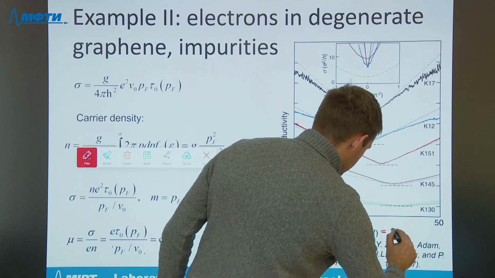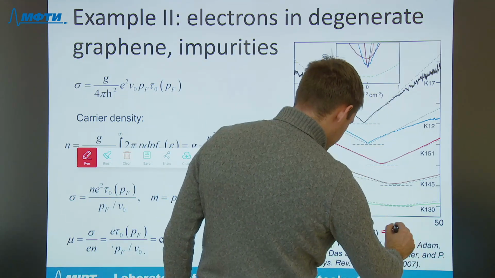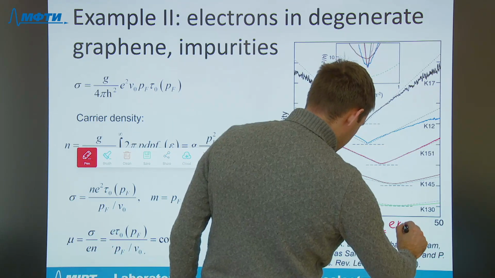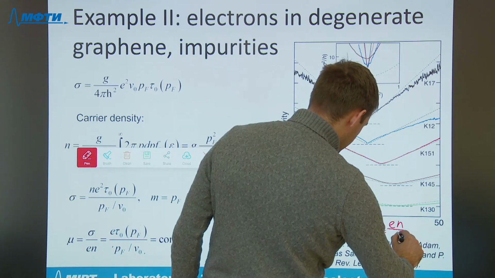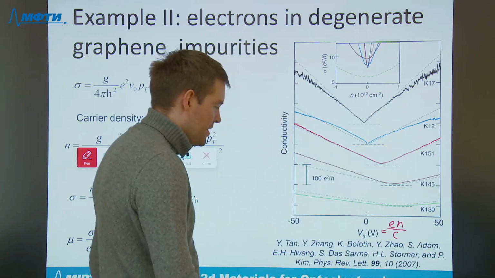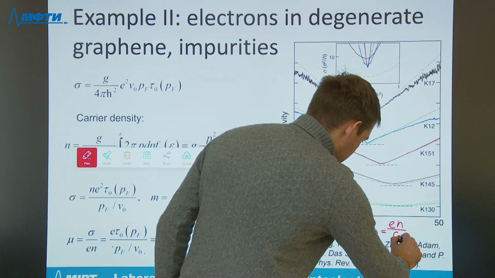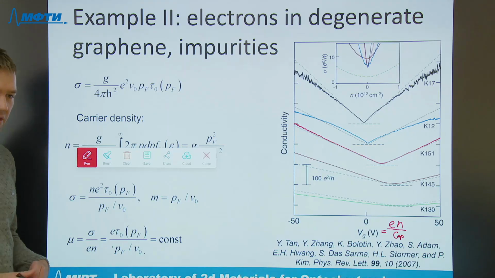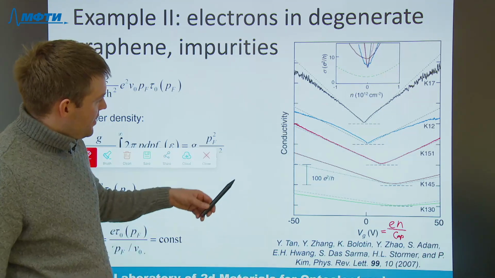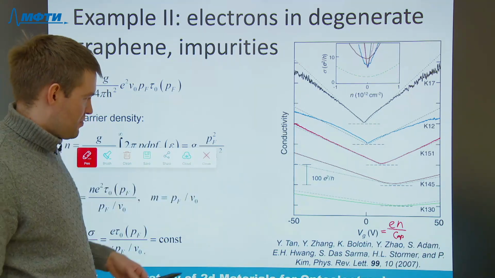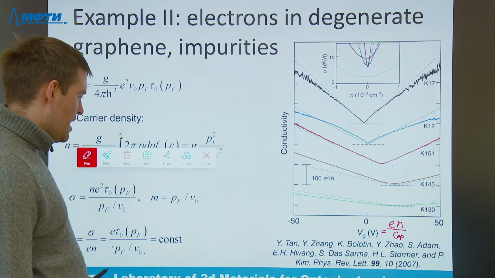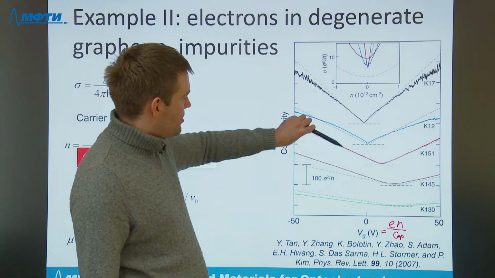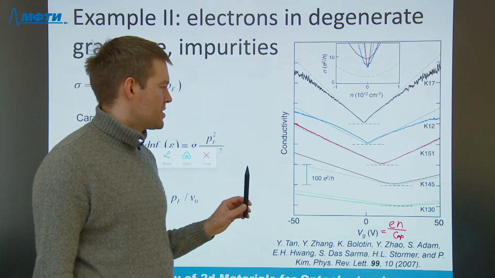It equals the elementary charge divided by carrier density and divided by the capacitance of the structure between graphene and the metal gate. And the conductivity is, as expected, a linear function of carrier density. Well, it's almost linear.